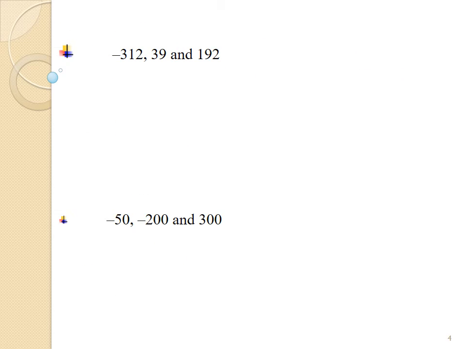Now, sum C. Minus 312, 39 and 192 equals minus 312 plus 39 plus 192. Students, in this sum, there are three integers.